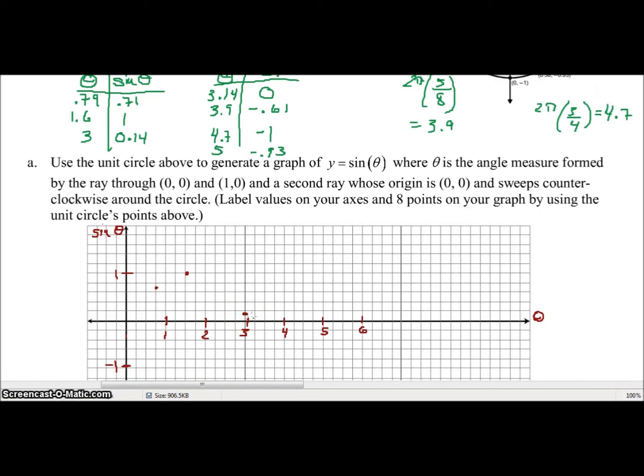At 3.14 we're at 0, and at 3.9, almost to 4, we're at -0.61, that's -0.2, -0.4, -0.6. At 4.7, 4.25, 4.5, 4.75, we're at -1, and at 5, we're at -0.93.